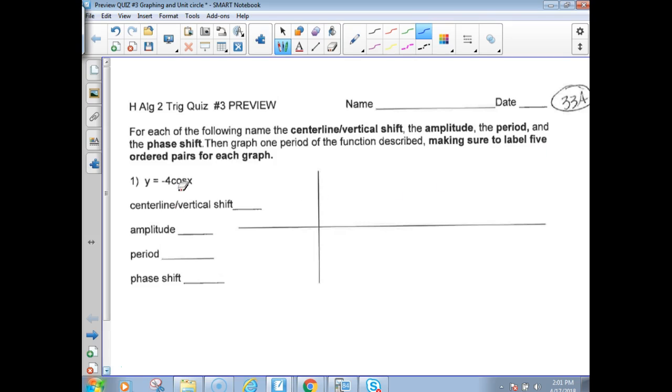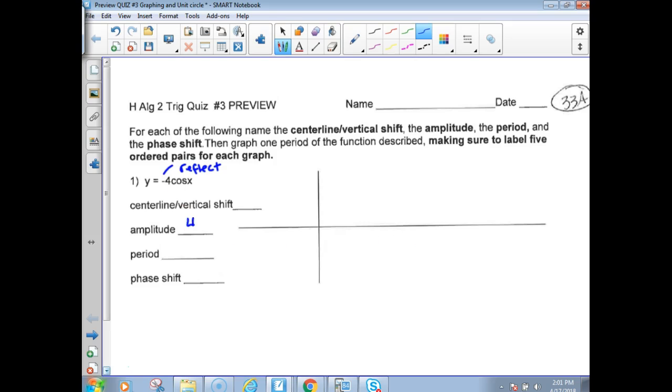Okay. This is a cosine graph. It has a -4 for its A value. Now, that doesn't tell you what the amplitude is. It says A is -4, which means you're going to reflect. But the A value is not the amplitude. Do not write -4 for your amplitude. You need to take the absolute value of that.